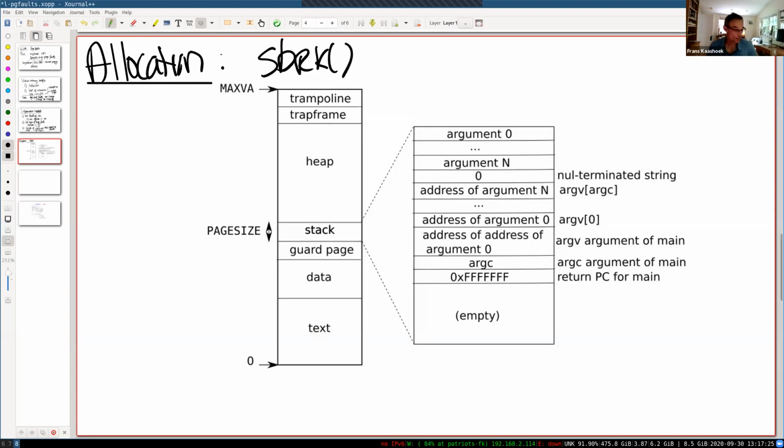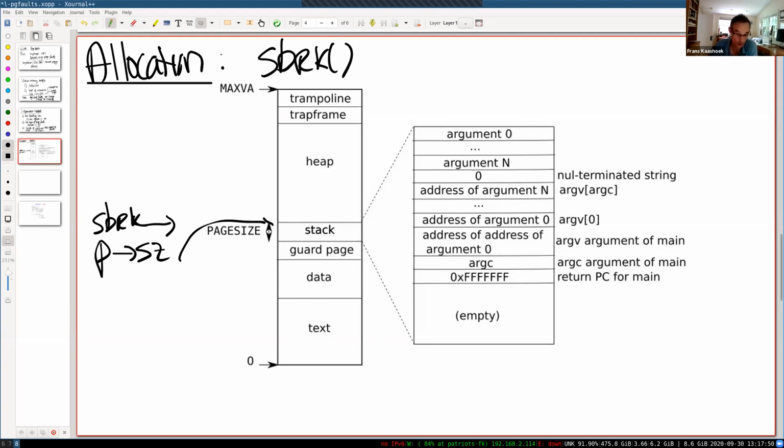sbrk is the system call that xv6 provides that allows an application to grow its heap. When the application starts, sbrk points at the bottom of the heap, at the top of the stack. It's the same place where p->sz points to.